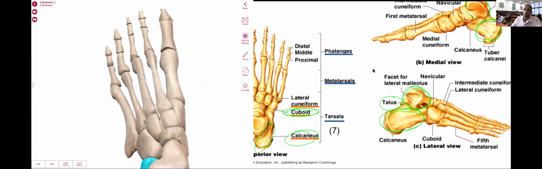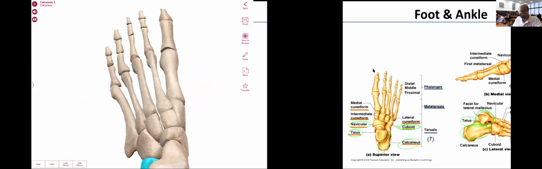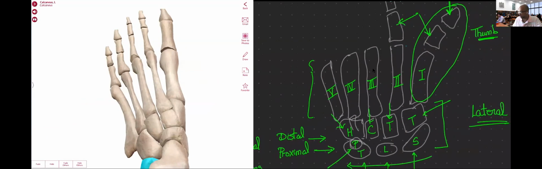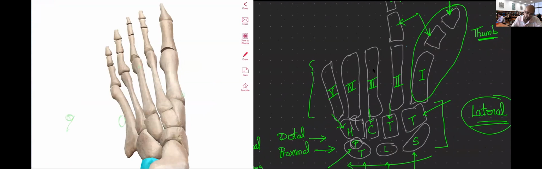For the metatarsal bones, we don't give them names, we give them numbers, but again, we are moving in the opposite direction to what we did with the hand. Remember, in the hand, we started from the lateral side, but here in the foot, we're gonna start from the medial side. So always start from the finger or toe that doesn't have a middle phalanx.